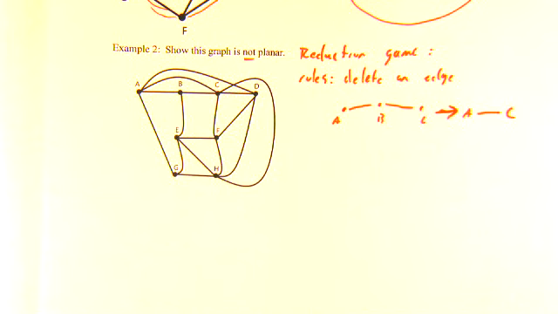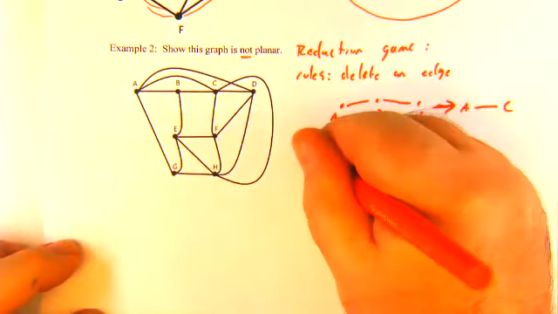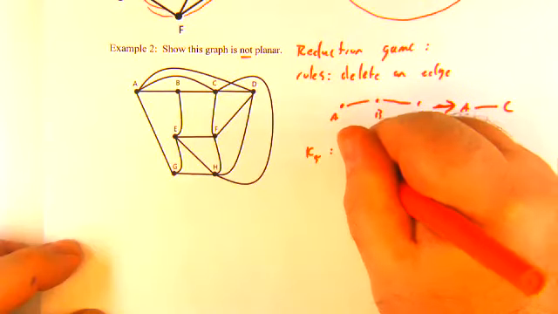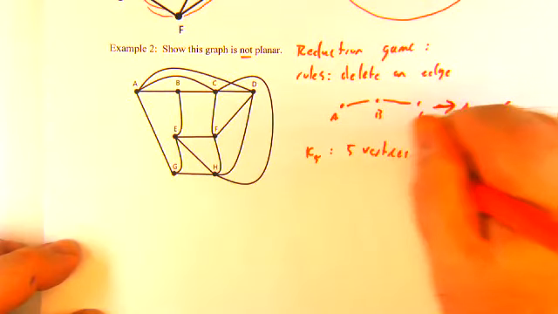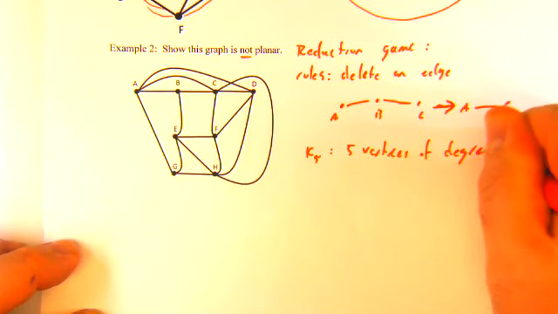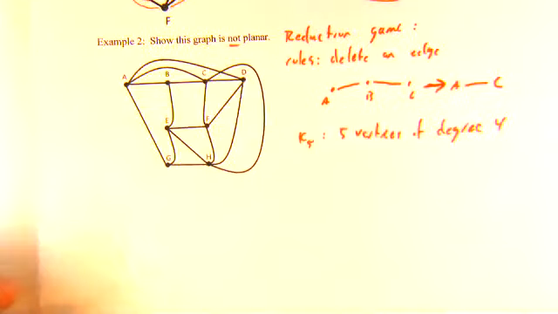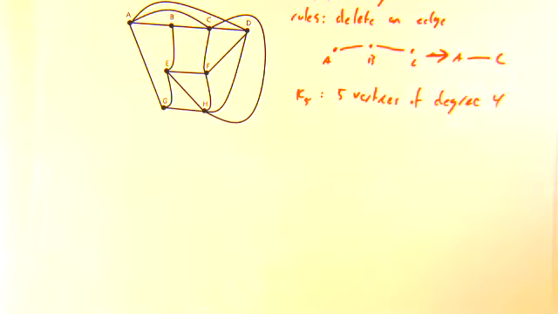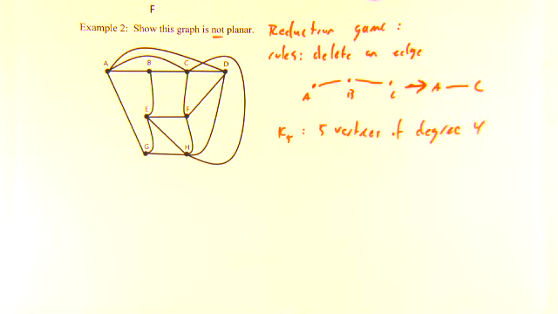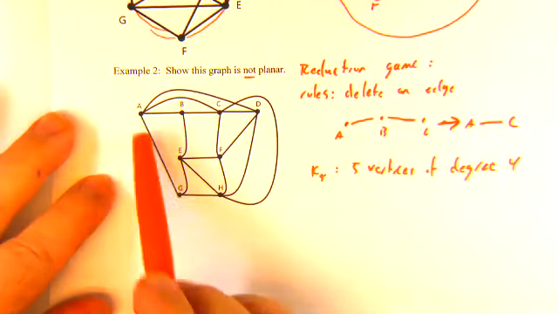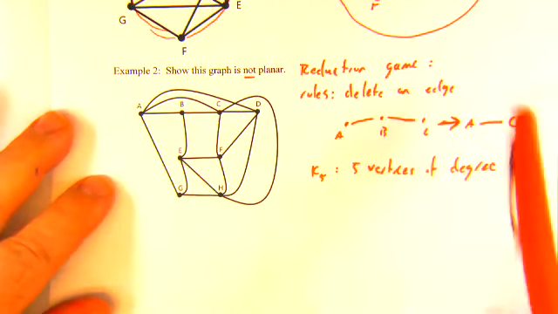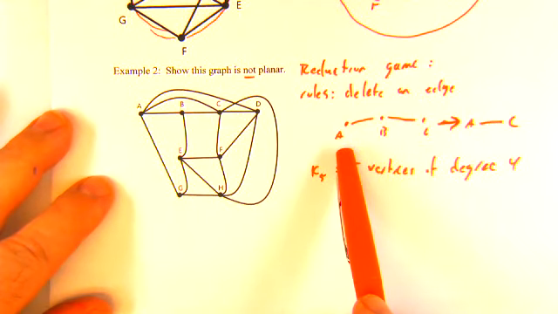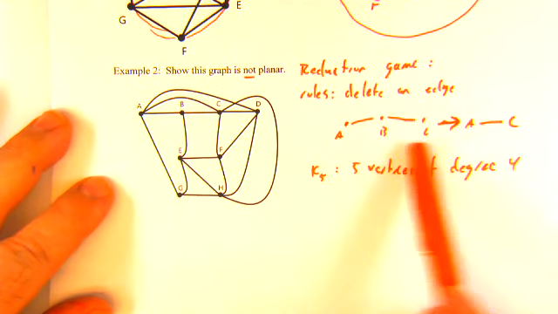So let's think about K5 for a moment. K5 has 5 vertices of degree 4. There's K5. If this is going to be non-planar, all I can do is delete edges. I can't delete vertices. And I can do this kind of series reduction.